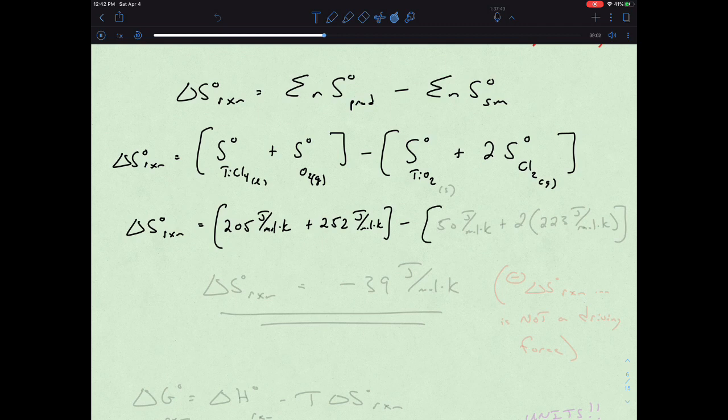The entropy of the solid titanium oxide is 50 joules per mole Kelvin, plus 2 times the entropy for the chlorine gas, which is 223 joules per mole Kelvin.